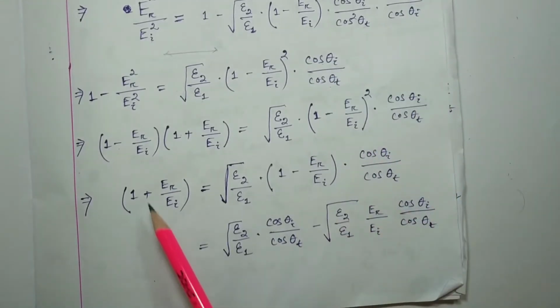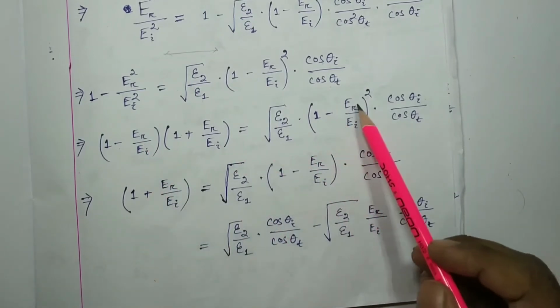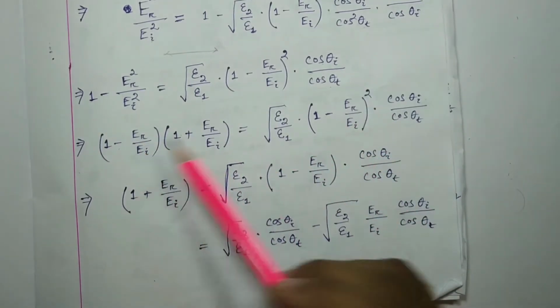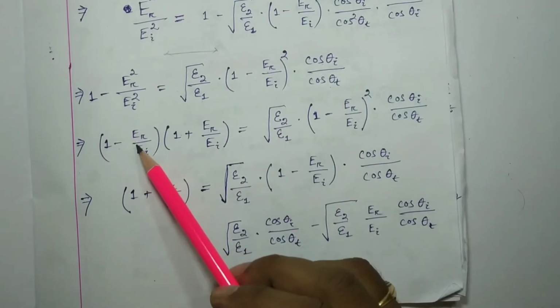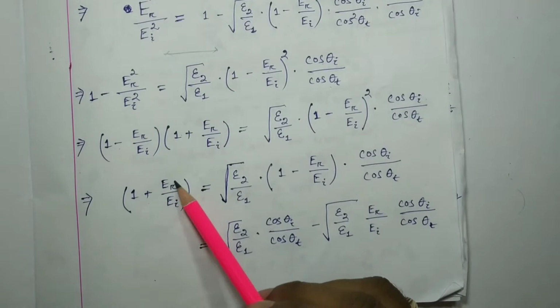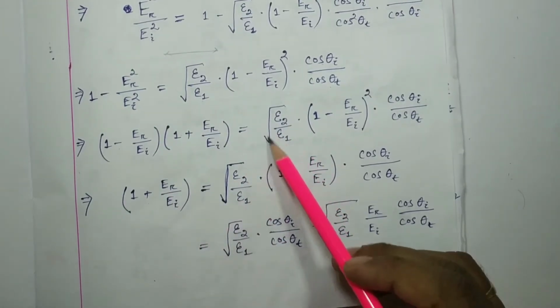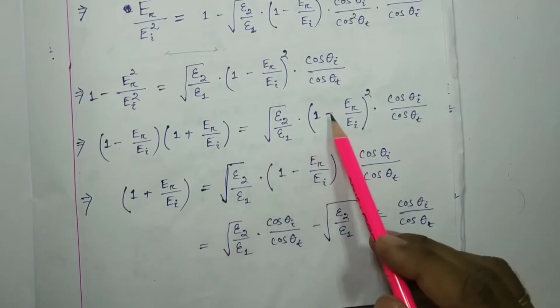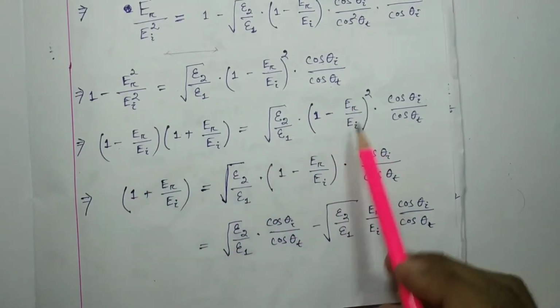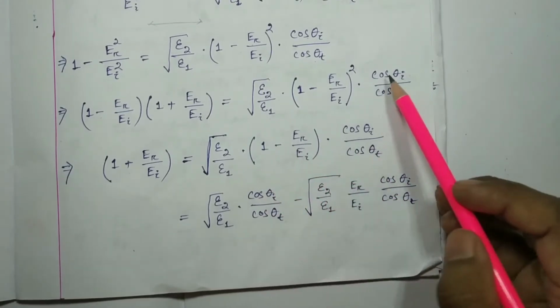So here 1 minus Er by Ei, here 1 minus Er by Ei square, so one term is going to be cancelled out, so on the left hand side we will get 1 minus Er by Ei equal to epsilon 2 by epsilon 1 whole root, into, already cancelled one term, so we get only one term, that is 1 minus Er by Ei into cos theta I by cos theta t.